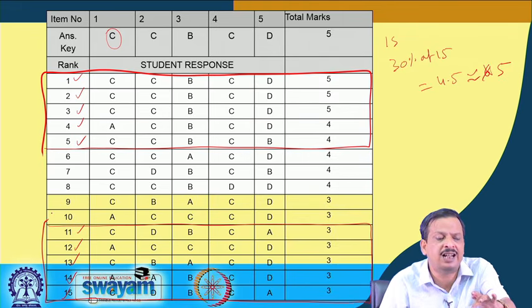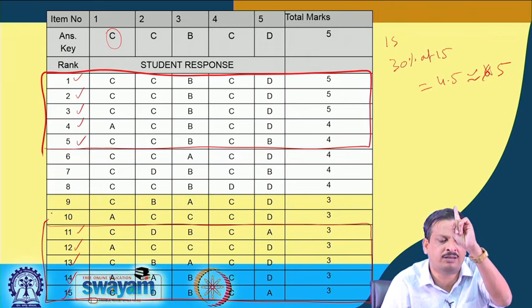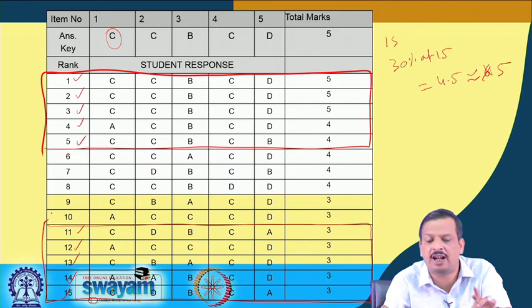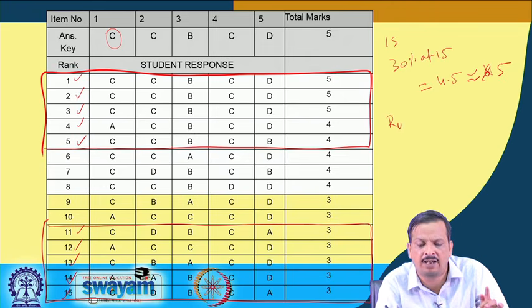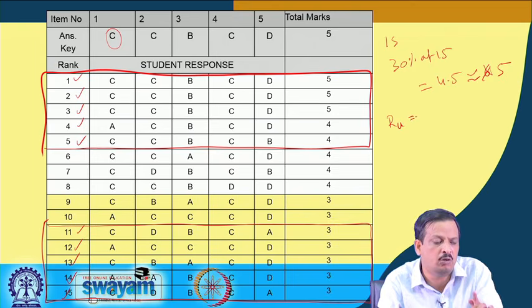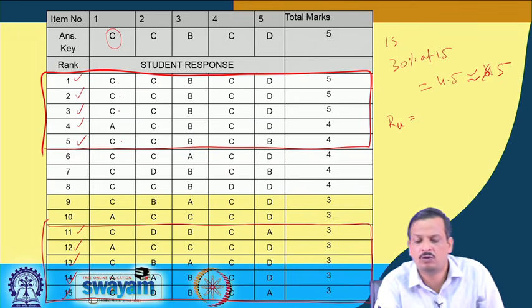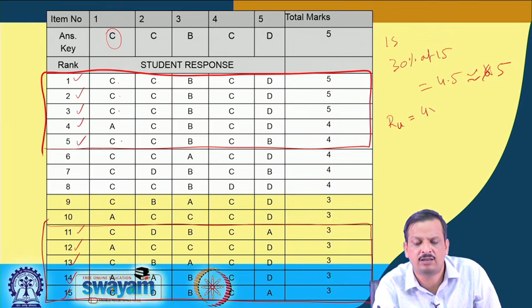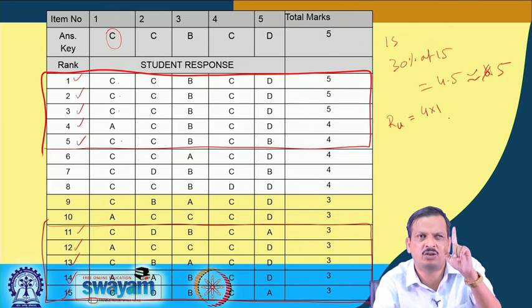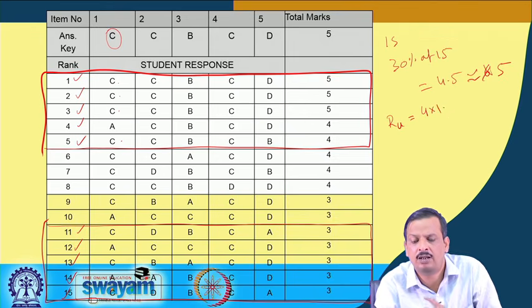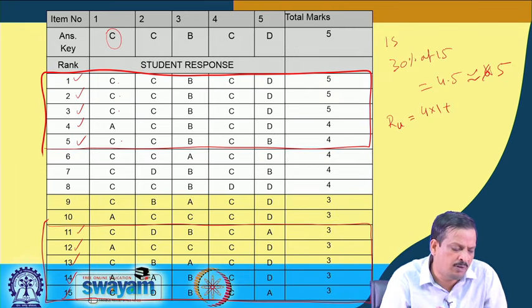So, if test item 1 carries 1 mark, then marks obtained by upper group, RU, is equal to, so how many have the correct answer? 1, 2, 3, 4. So, 4 persons have given the correct answer, into 1, each question carries 1 mark, plus marks obtained by the lower group.